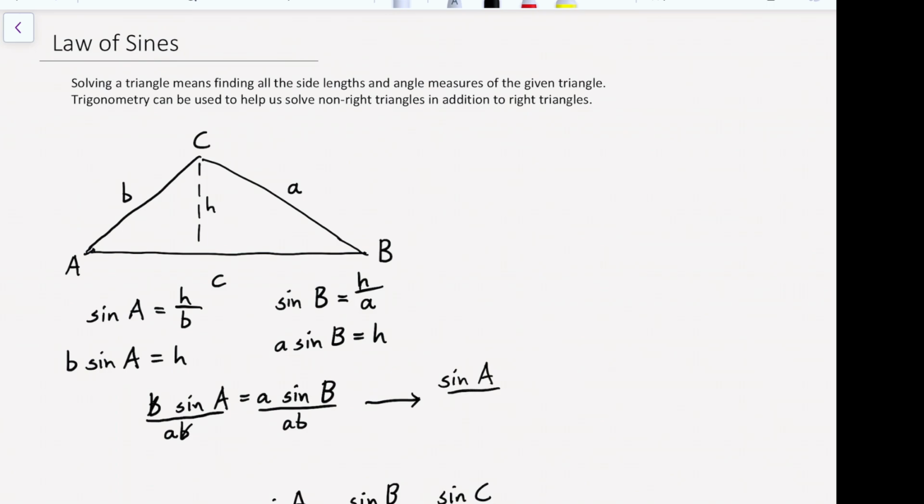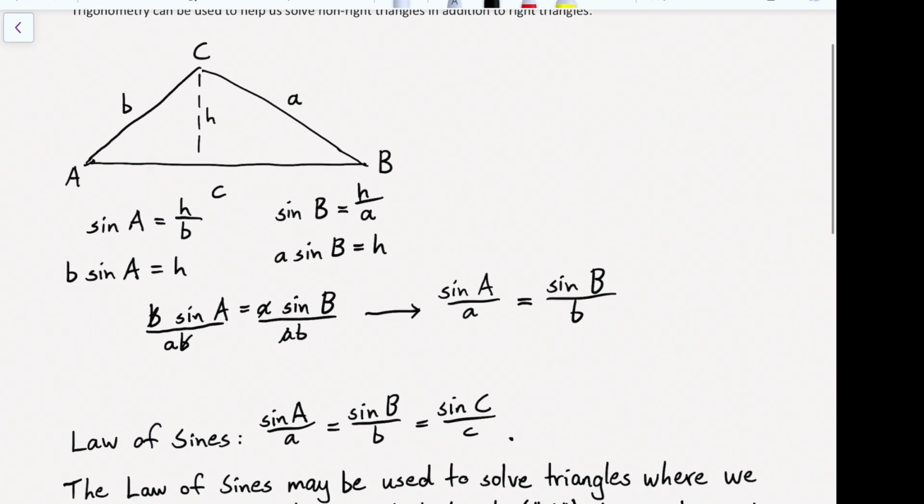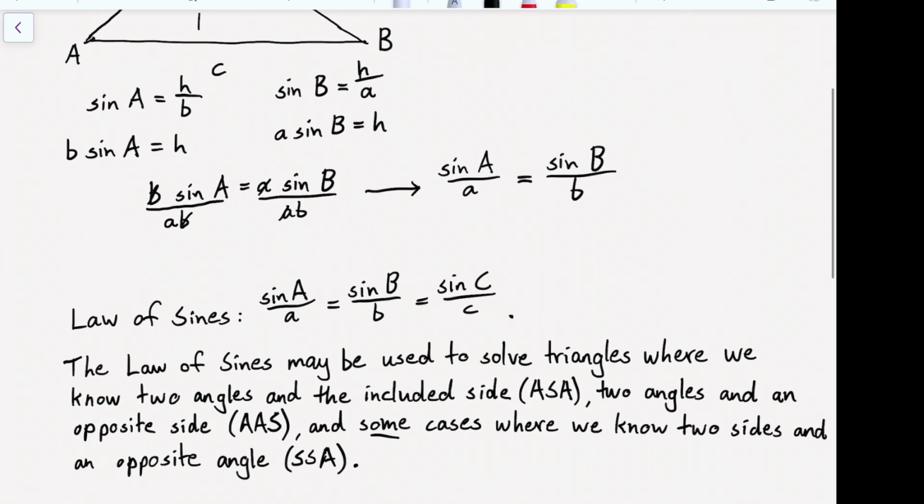Sine of A over little a equals sine of B over little b, where little a is the leg opposite angle A and little b is the leg opposite angle B. You could also show this from a different perpendicular, that sine of A over a equals sine of C over c. I'm not showing that part of the proof, but it helps us arrive at the law of sines.